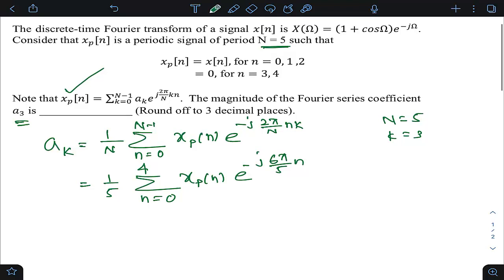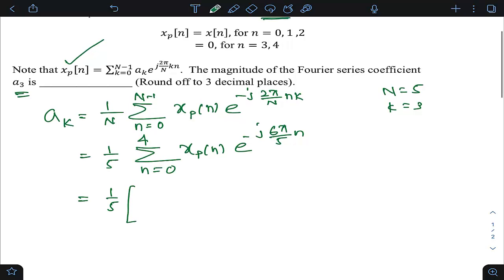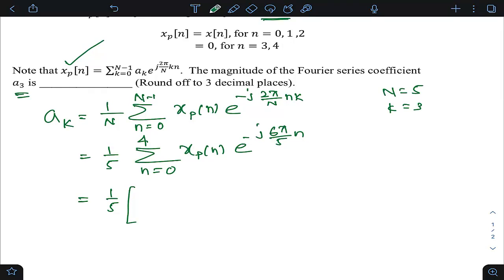Now if you expand it, this happens to be 1 by 5. Now you can substitute the different values of n ranging from 0 to 4. If I substitute n equal to 0, you get xp of 0, and e raised to power 0 is 1. Plus, if you substitute n equals 1, xp of 1 into e raised to power minus j 6 pi by 5.